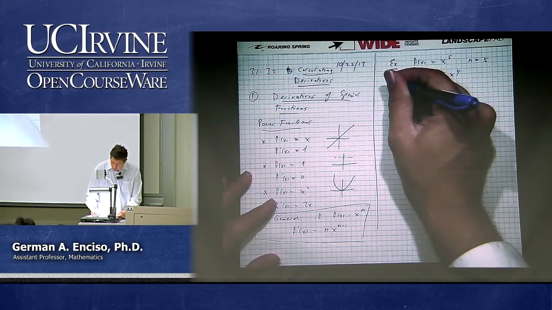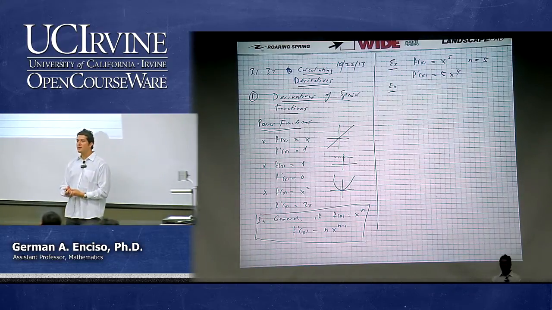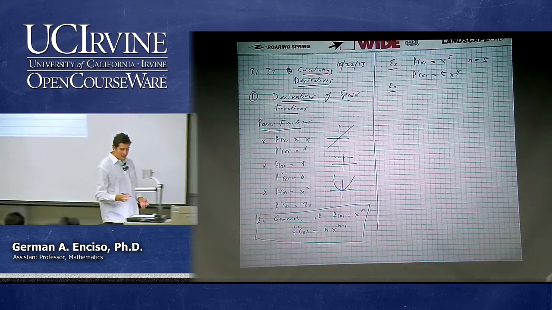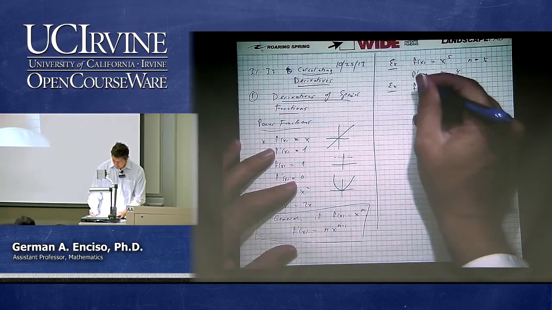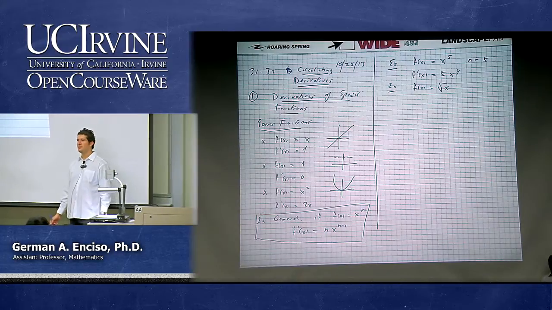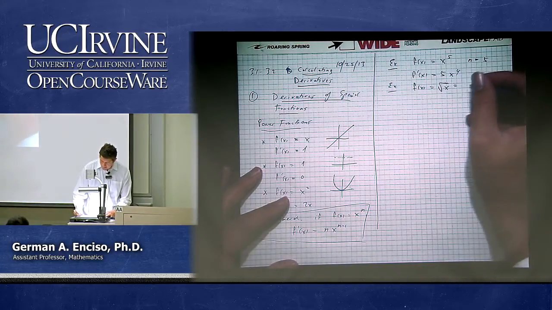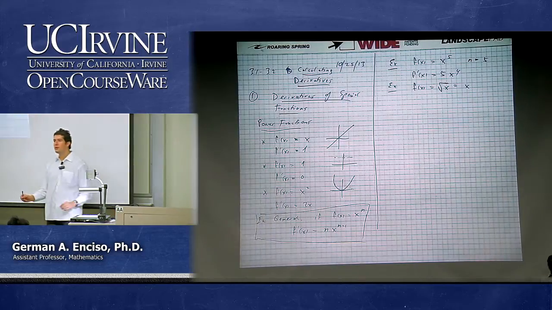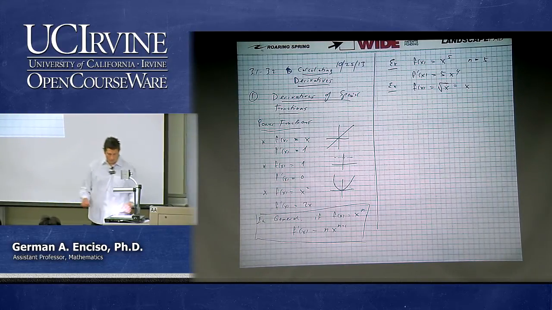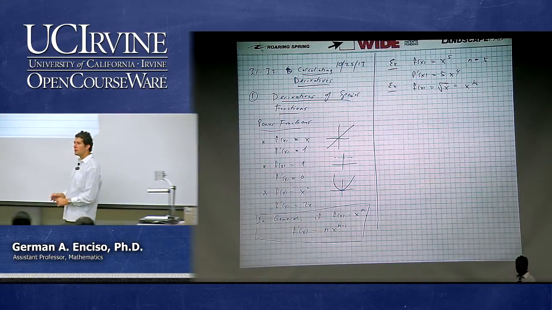Okay, this formula can actually be used also when the power is not apparent. For example, you can think about a function like f of x equals square root of x. Okay? And that can be written as a power, namely x to the what? 1/2. X to the 1/2, that's right. Okay, great.